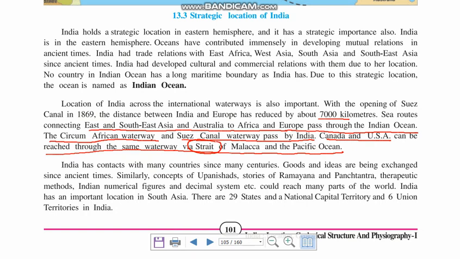Strait. Now this is a new word. Strait means a narrow passage between two land masses. Suppose this is a land, and there is another piece of land here.